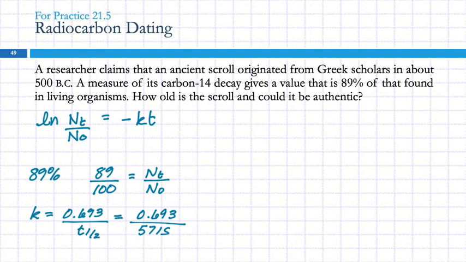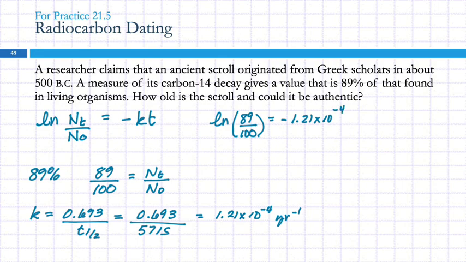So 0.693 divided by 5715. The rate constant is going to be 1.21 times 10 to the minus 4 per year. So the natural log of 89 over 100 is equal to negative 1.21 times 10 to the minus 4 per year times the time.